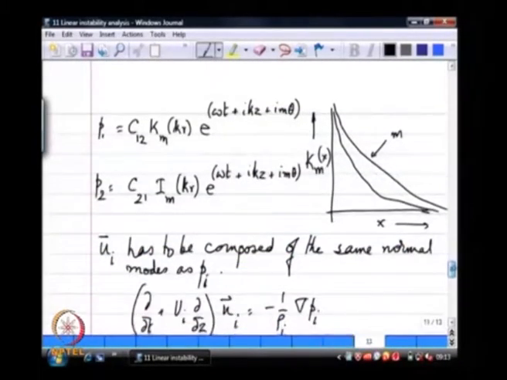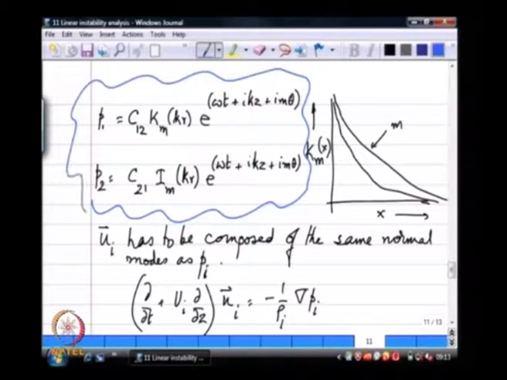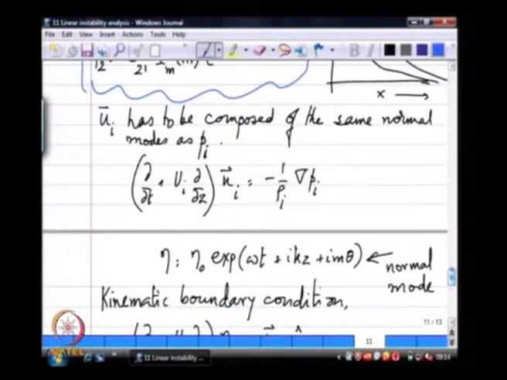Okay. So, given that, this is the form of the eigen function that we came up with for the pressure fields P1 and P2. From this we can go back to the differential equation and solve for the velocity field ui.